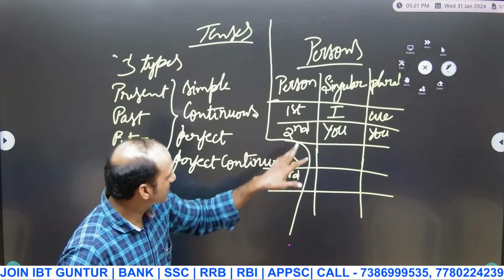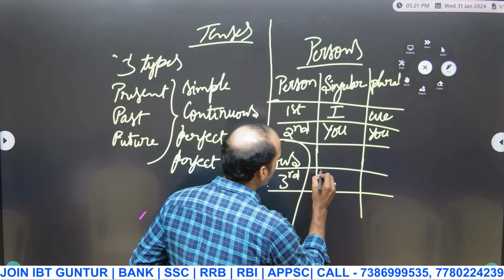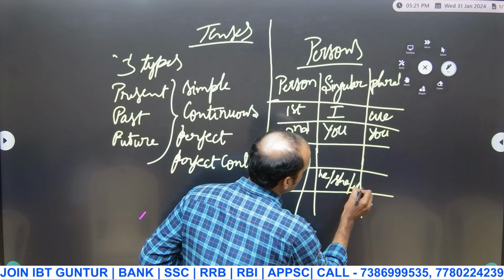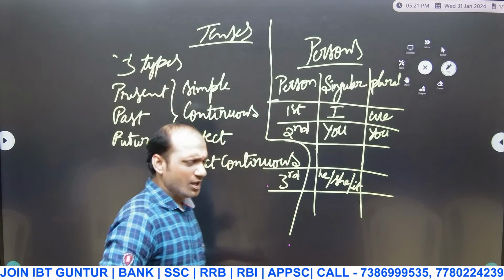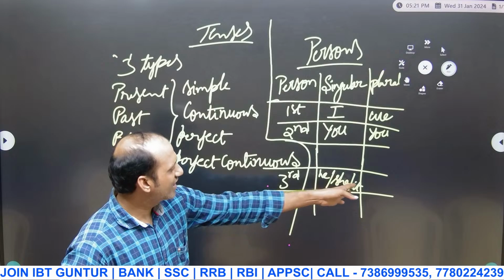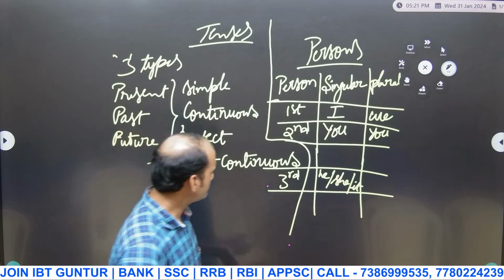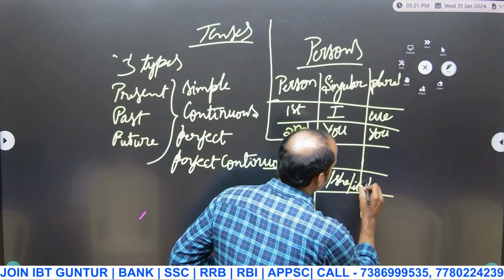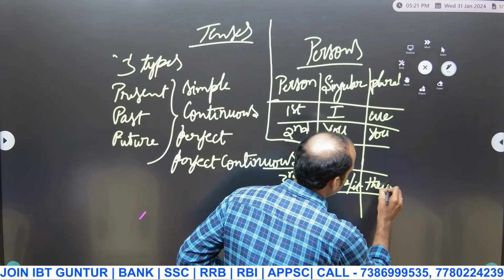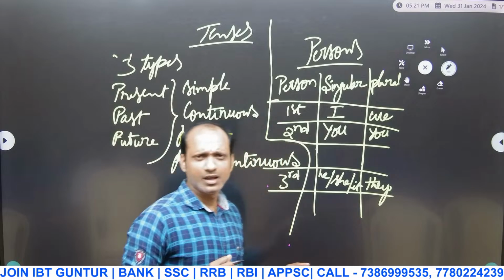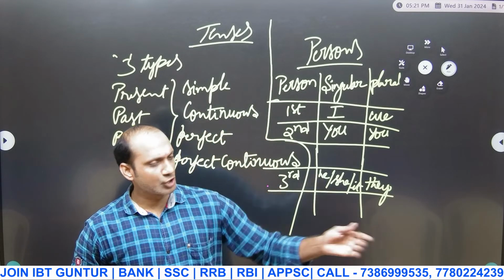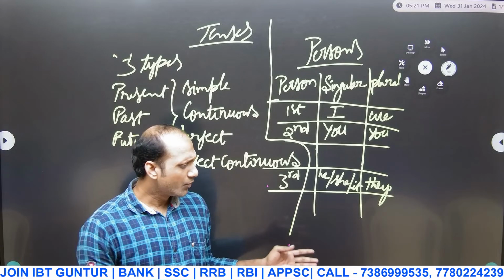Now coming to third person singular. He, she and it. What is the purpose of he, she and it? Already previously we discussed. Now, what is the third person plural? They. For example, there is a cat, there is a dog. Both are fighting.